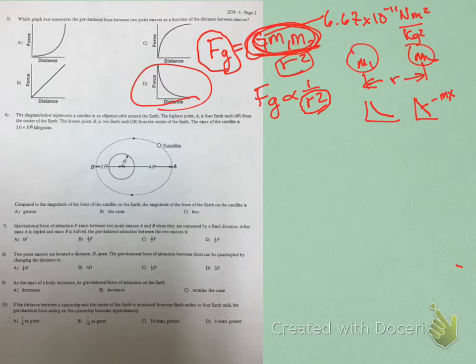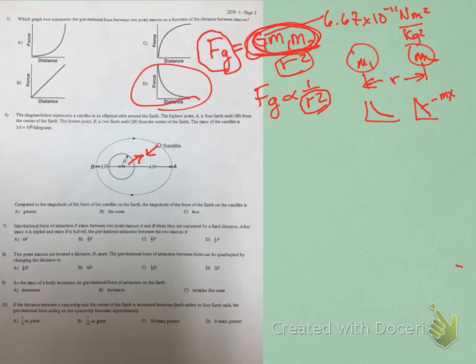All right, this picture gives you a lot of information, and it's a little unfortunate because if you just focus on what the question is and not all the useless information that they give you here, the magnitude of the force of the satellite on the Earth, the magnitude of the force of the Earth on the satellite, if you compare those. Basically what it's saying is how much force does the Earth pull on the satellite and how much force does the satellite pull on the Earth.